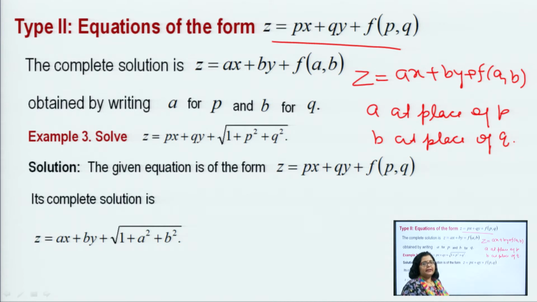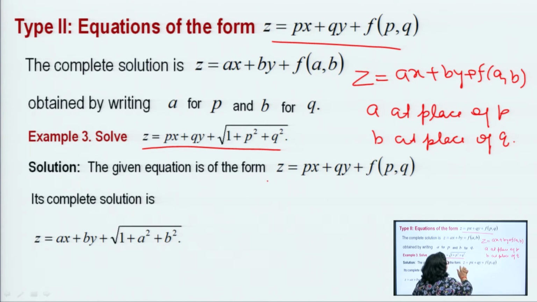After this, we solve some examples on the basis of type second. There is a question: z is equal to px plus qy plus under root 1 plus p square plus q square. Here z is equal to px plus qy and these are some function of p and q. That means this is type second.